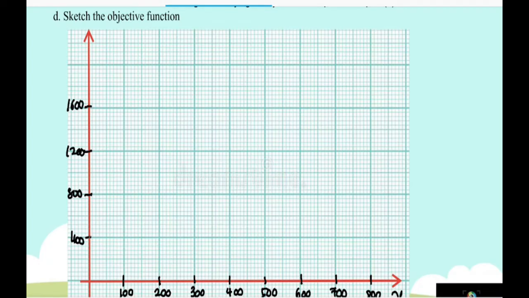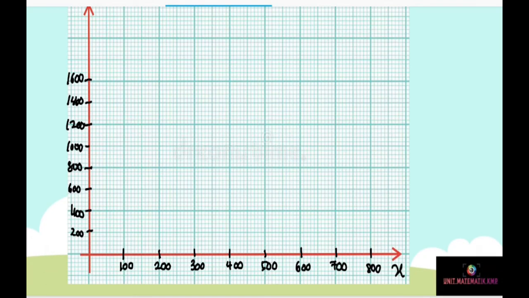Between these is 200, so here is 200, then 600, 1000, and 1400. Okay, now we need to plot the graph.